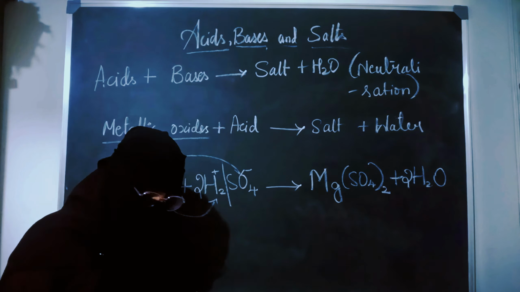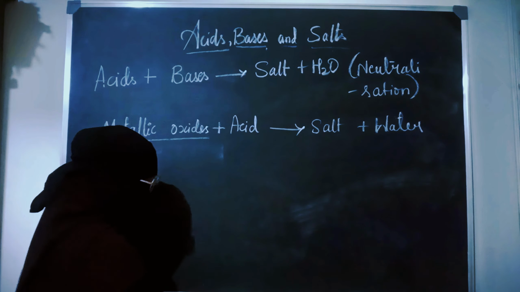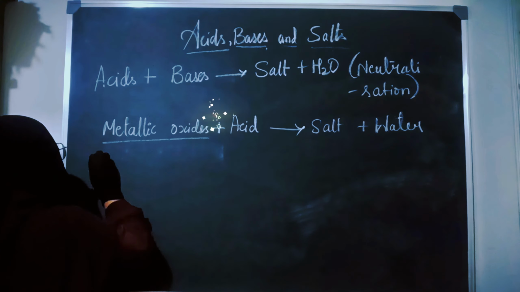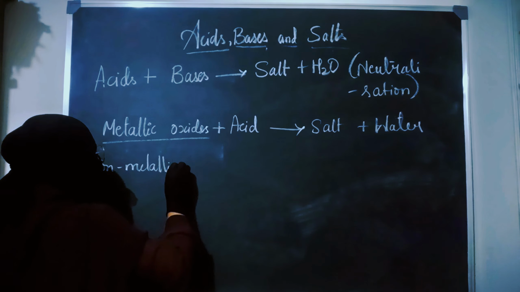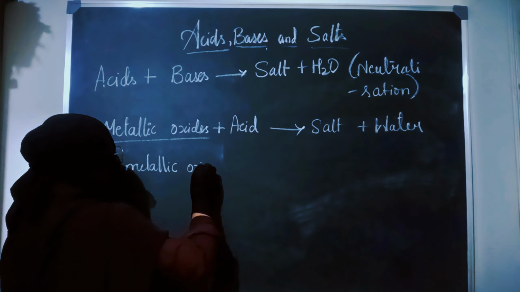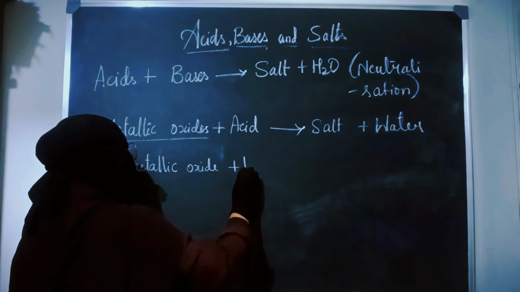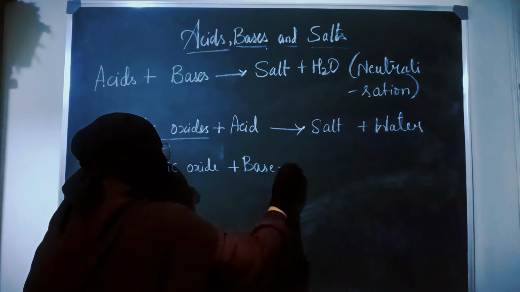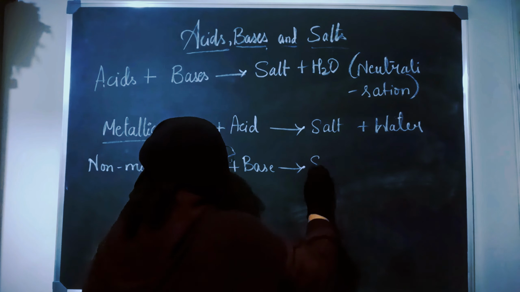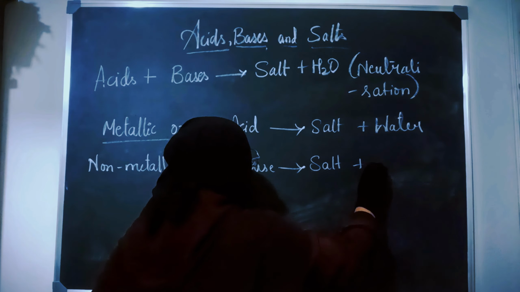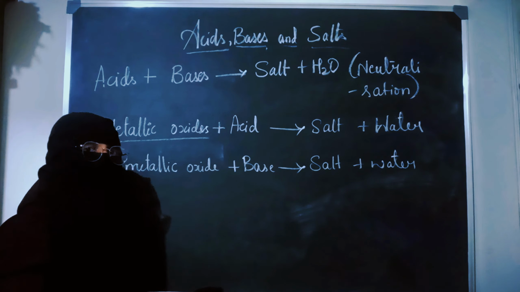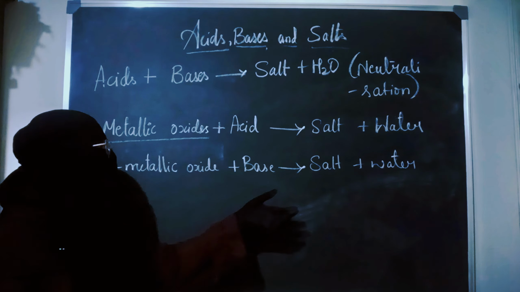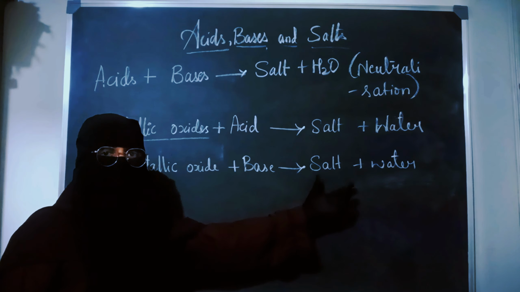Now, in contrast to this, what will happen if I take a non-metallic oxide and make it react with a base? It is also observed that it will lead to the formation of salt plus water. That means it is again a type of neutralization reaction because the products are similar to the neutralization reaction.